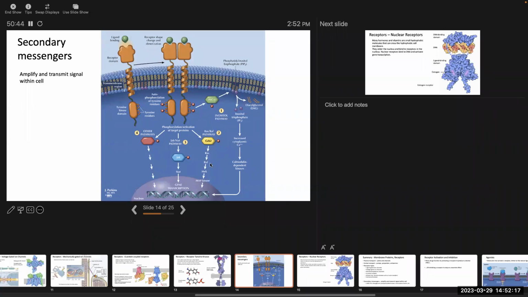But you get RAS, which phosphorylates RAF, which phosphorylates MEK, which phosphorylates MAP kinase. But again, that ultimately leads to gene expression, transcription of specific genes in the nucleus. So that's what a lot of these second messengers do: ultimately they travel to the nucleus to cause the cell to begin transcribing whatever genes that particular cell type manufactures.